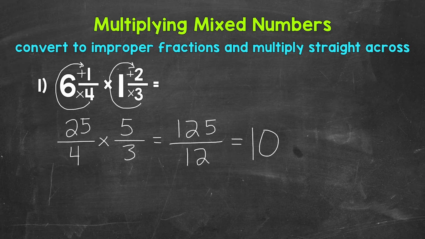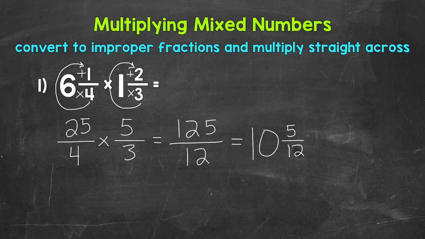That gets us to 120. So we have a remainder of 5. We don't hit 125 exactly. That remainder of 5 is the numerator of the fractional part of the mixed number. And then we keep the denominator of 12 the same. And we get 10 and 5/12.